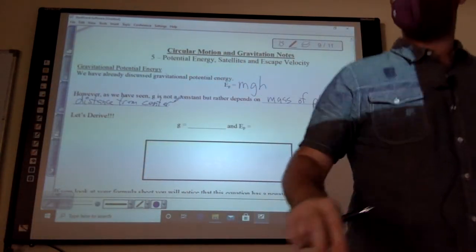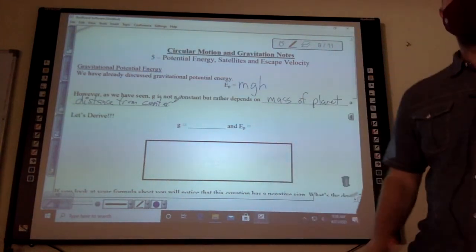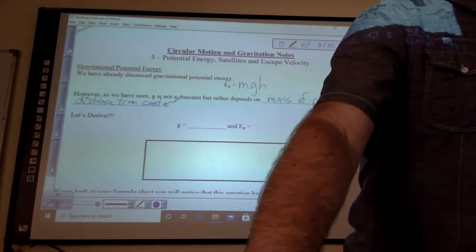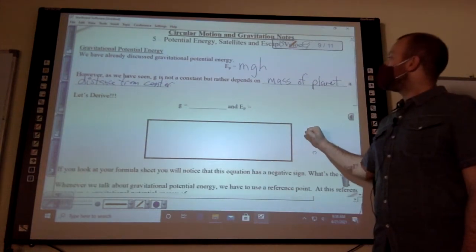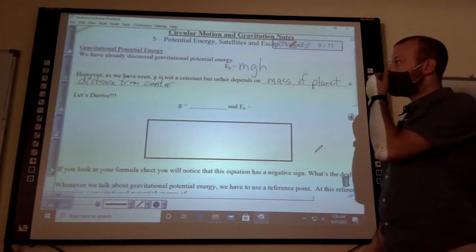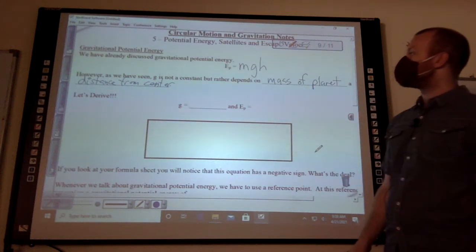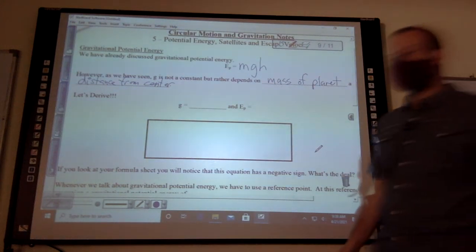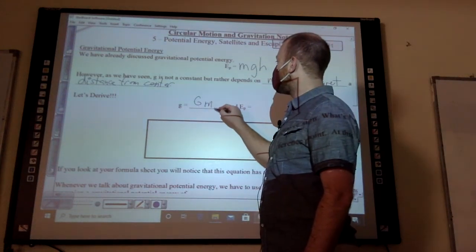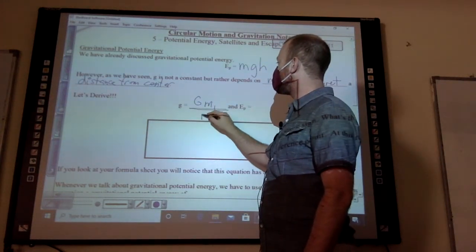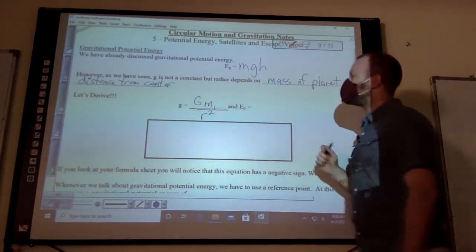So we can derive a new equation when we're not on the surface of a planet. From yesterday, we figured out that G m1 over r squared is my equation for g.